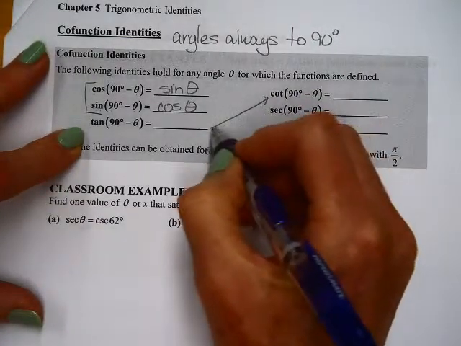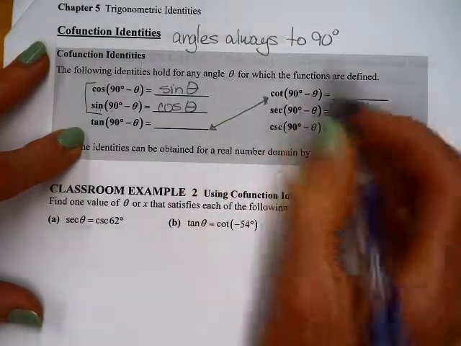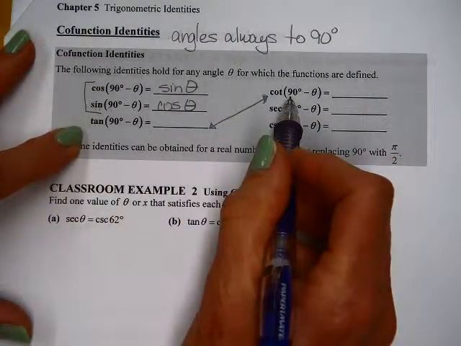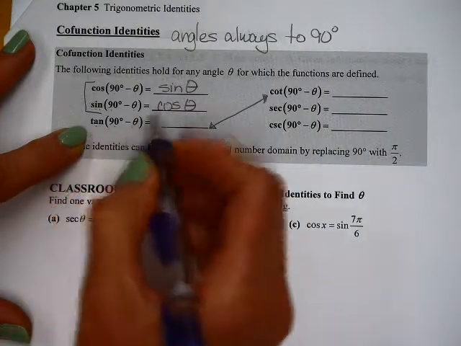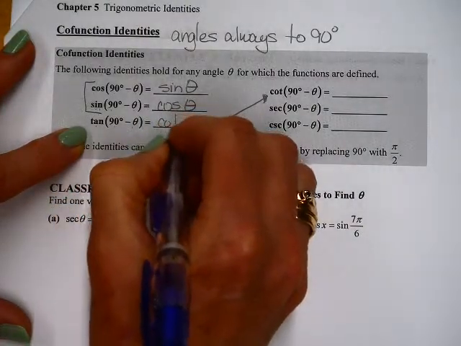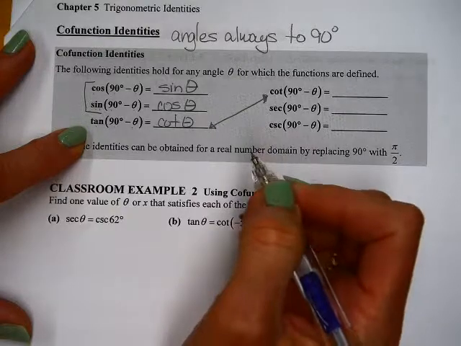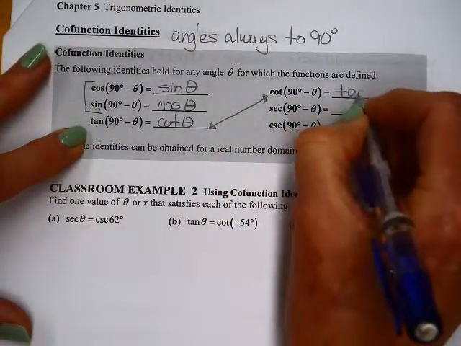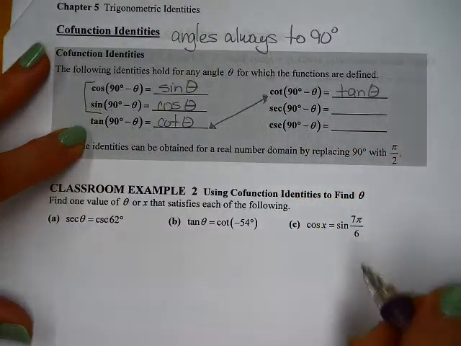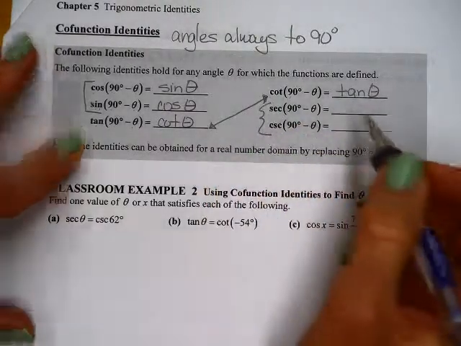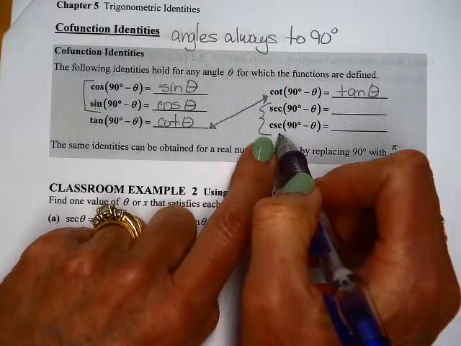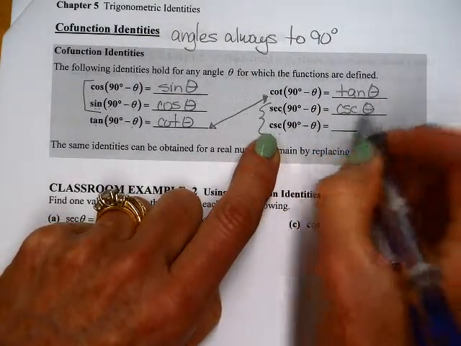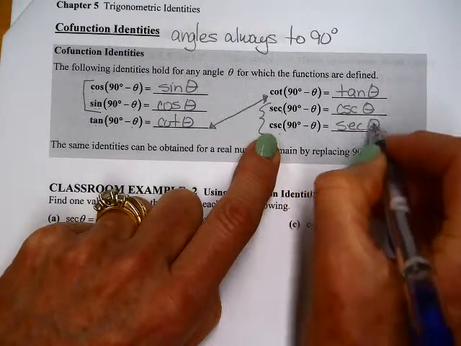Tangent and cotangent are cofunctions because their angles add to 90. So the tangent of 90 minus theta is the cotangent of theta, and the cotangent of 90 minus theta is the tangent of theta. And last but not least, secant and cosecant are cofunctions. So this should be the cosecant of theta, and this should be the secant of theta.